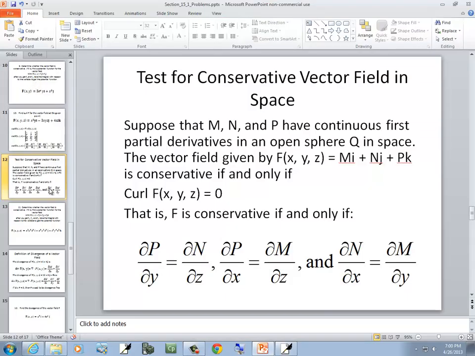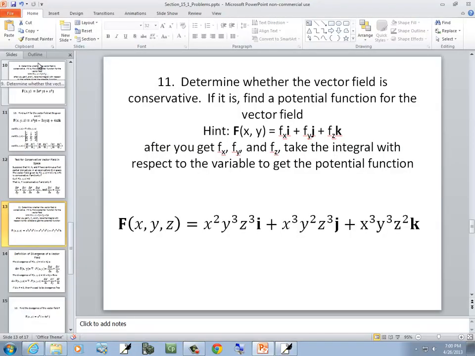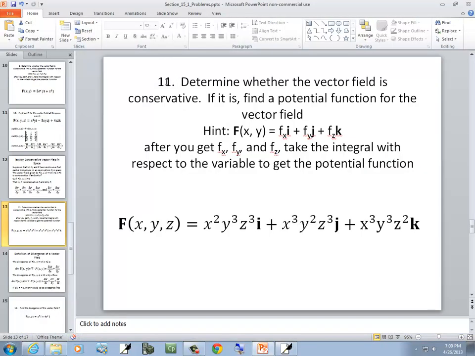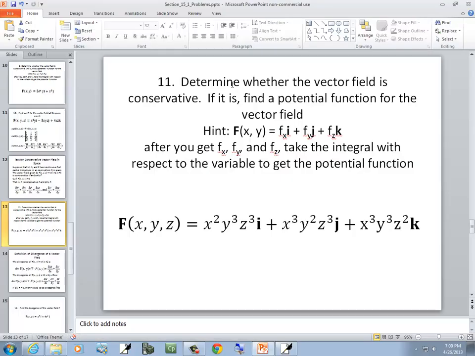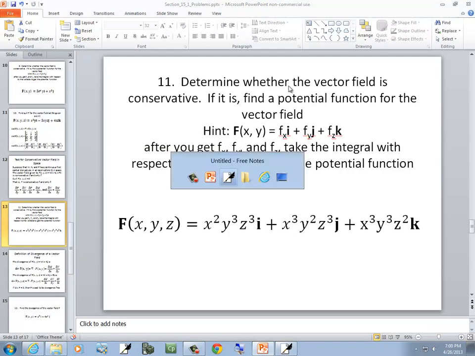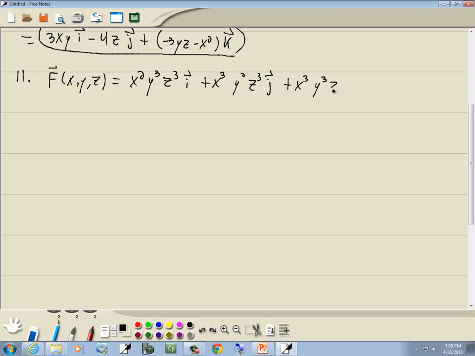So let's go ahead and work a problem. We'll flip back to that. So F is equal to x squared y to the third z to the third i, plus x to the third y squared z to the third j, plus x to the third y to the third z squared k.